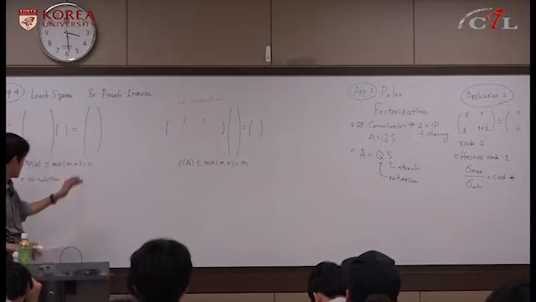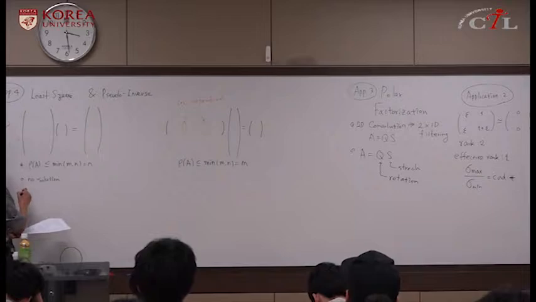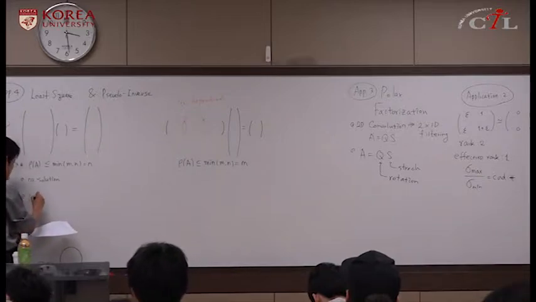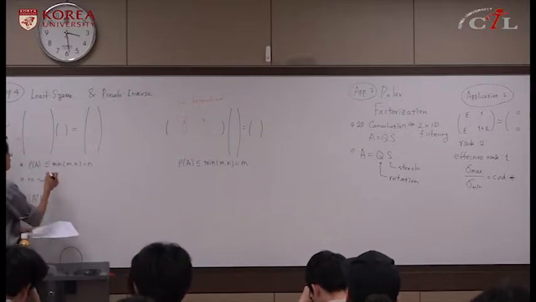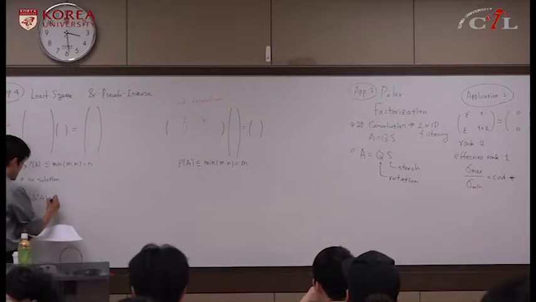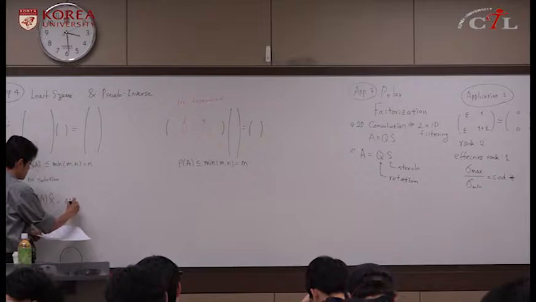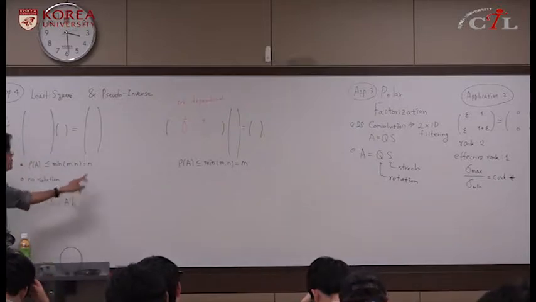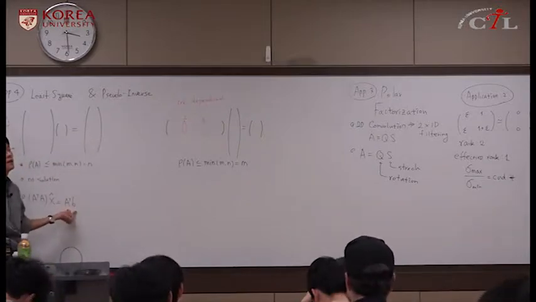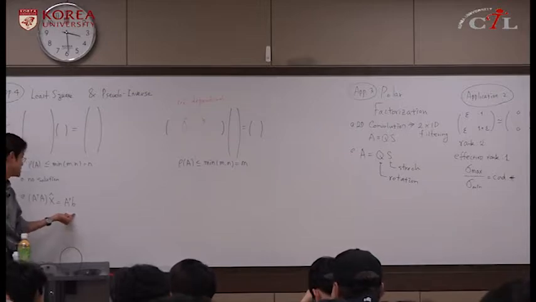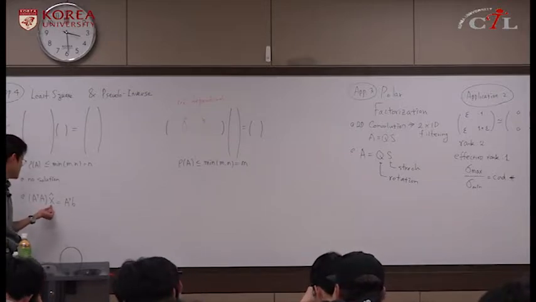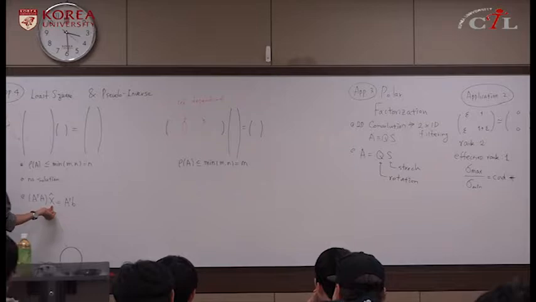So what we do is A transpose A x hat equal to A transpose B. We project the original B through A onto the column space, and we get our best approximation that gives the least minimum error.